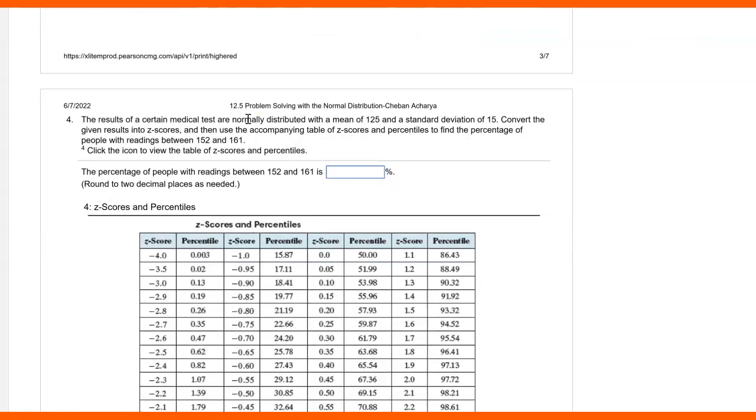Question number 4 is similar to the other question, but you have to find the percentage of people with a reading between 152 and 161.